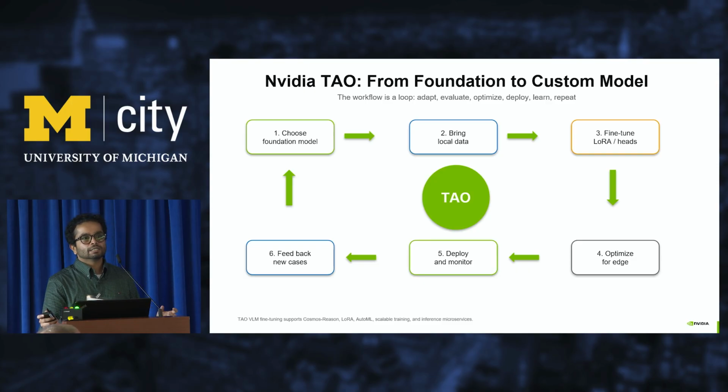This is a very good candidate to optimize for edge because it has support for quantization, a lot of interface to TensorRT engines and all of these, which really enables you to go to the edge pretty easily. You deploy and monitor, as well as feedback and bring that loop together.